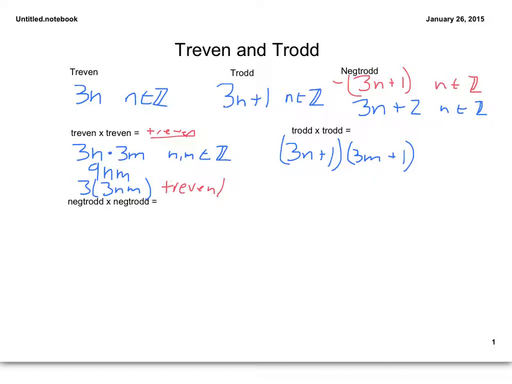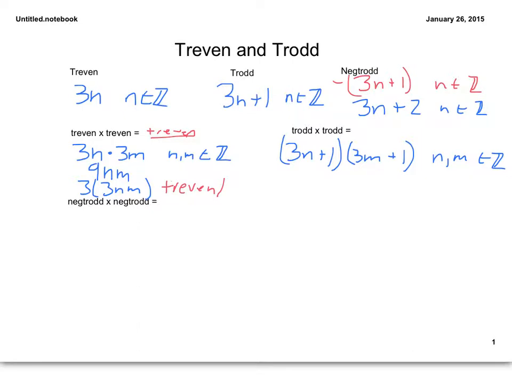And tell us what m and n are. So m and n, in this case, are both elements of the integers. Otherwise, if they're not integers, then you wind up with stuff like 3 times 0.5 plus 1, so you have a number of like 2.5, and that is not a whole number, so not trodd.